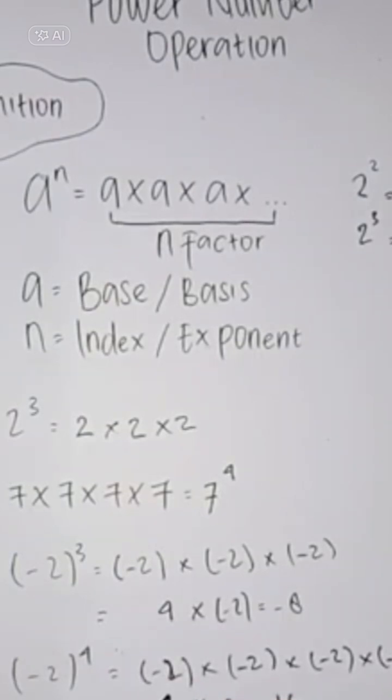So because we didn't multiply the negative one, we put the negative before the result like this. So friends, you have to be careful when working on questions like this. If there is no bracket like this, then we don't include the negative sign in the multiplication.